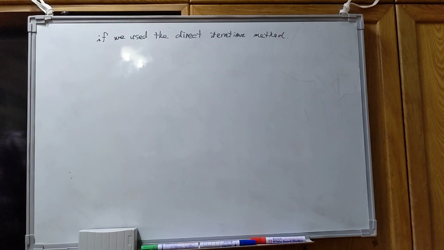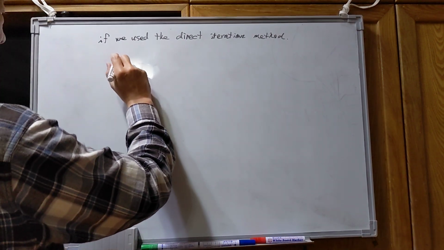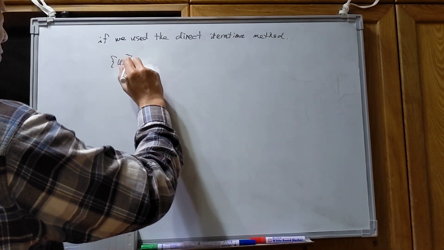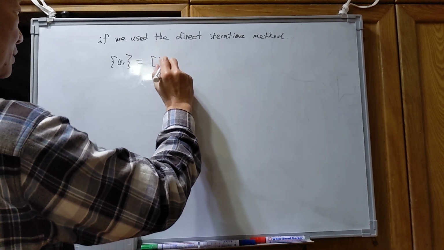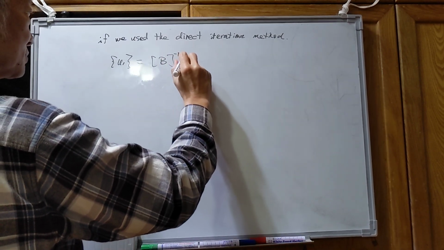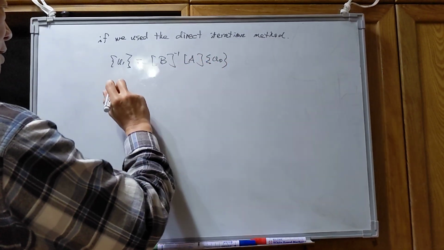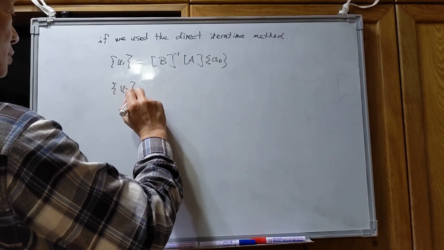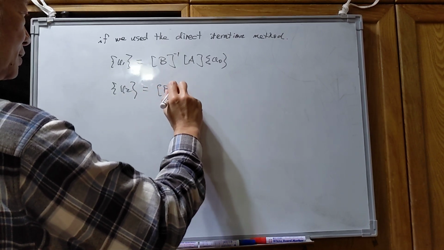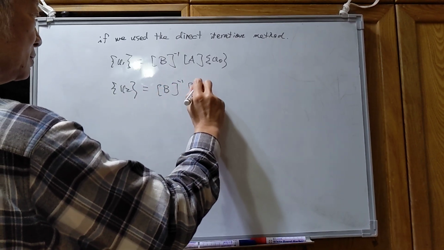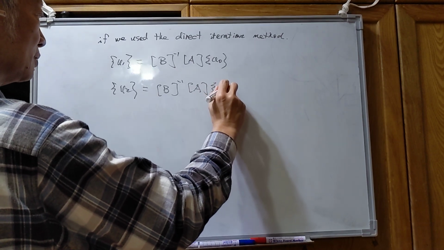If we use the direct iteration method, it means U1 is calculated by B inverse A U0, and U2 is obtained by B inverse A U1.